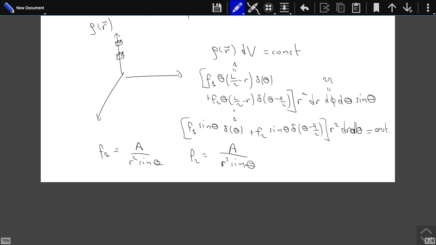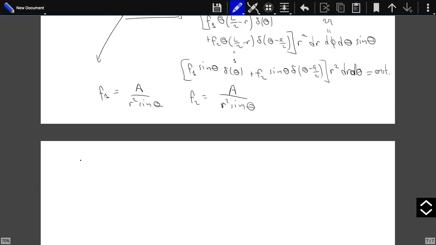You see, theta is 0 in F1 and it is pi over 2 in F2. In both cases, sine of 0. We are dividing by sine of 0. Cancel. Yeah, it cancels. Formally, you can still write this down, but it's kind of problematic because of these Dirac deltas. It does cancel.